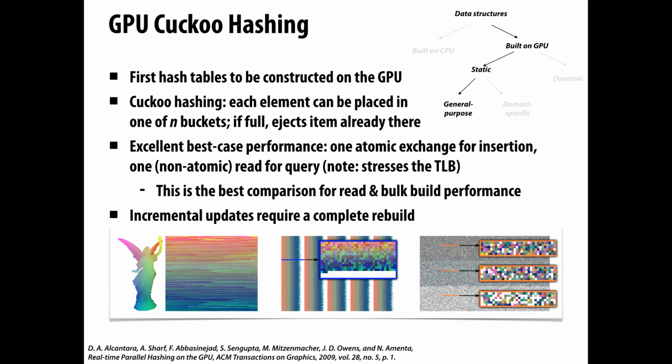Now, this is not a dynamic hash table. If you've built it and you want to add or change elements in it, generally you start over and rebuild the whole thing from scratch. The limitations of that are what led to the work I'm really talking about in this talk. But let me show you how cuckoo hashing works and why it's a cool thing for the GPU.